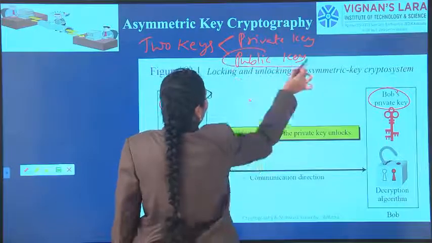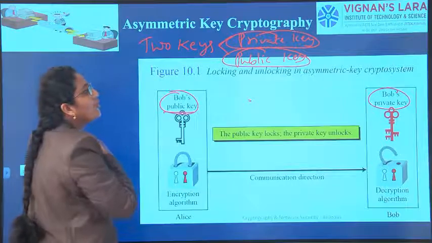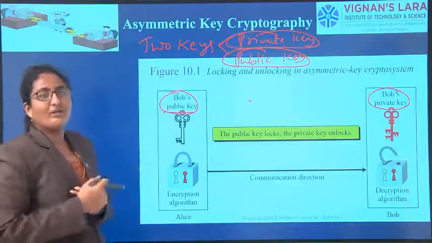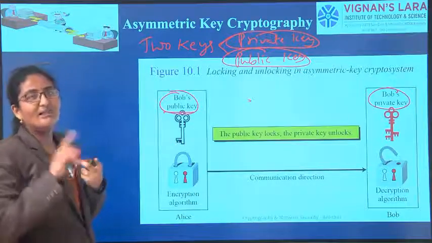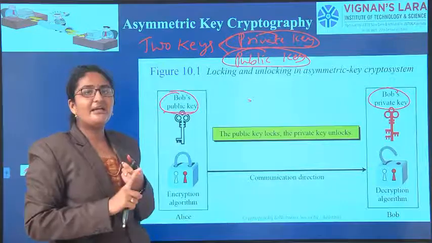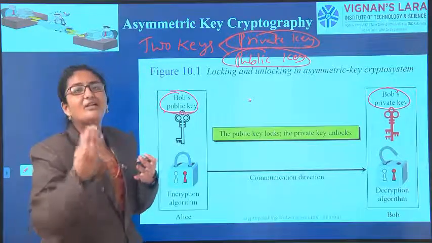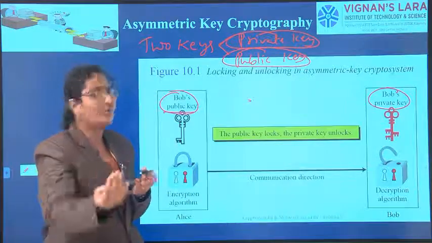Public key we will tell to everyone; it is announced publicly. Private key we will tell only to the person whom we want. So every person will have two different types of keys, one public and one private. Public key we tell to everybody, but private key only to the authorized person, the receiver.